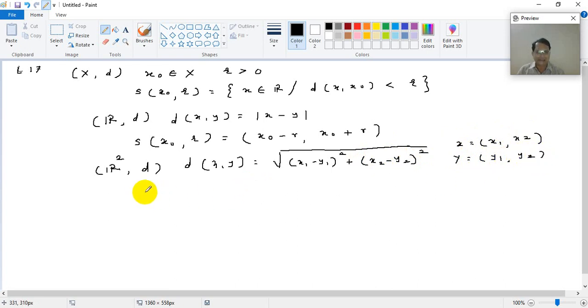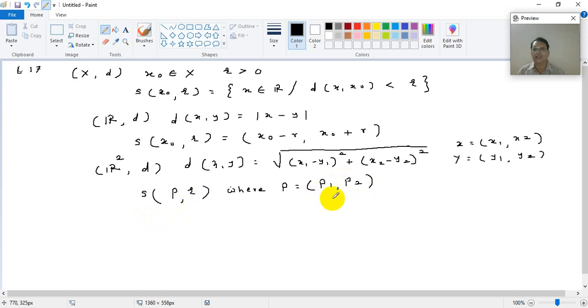Then in this case, suppose the center is P and radius r, and P is the point having coordinates (P1, P2). Then what is S(P, r)? It is the interior of the circle with center at P and radius r.